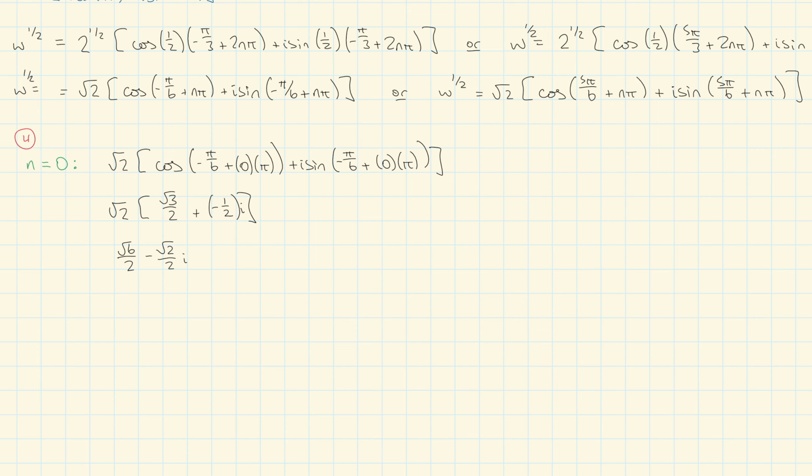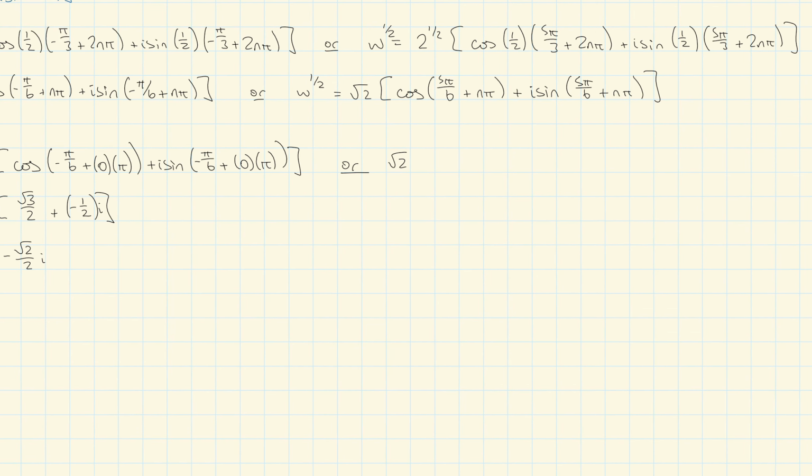Okay, there's my first solution. Or just with our second method then, it's root 2 cos of 5 pi over 6 plus 0 times pi plus i sine 5 pi over 6 plus 0 times pi.